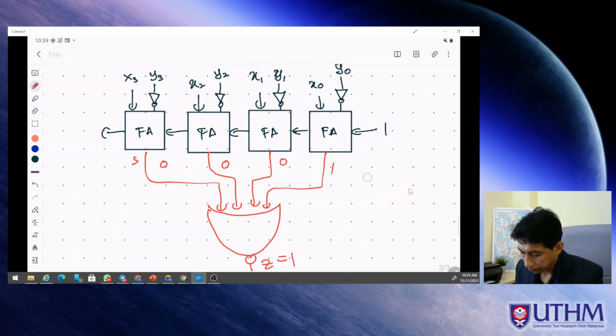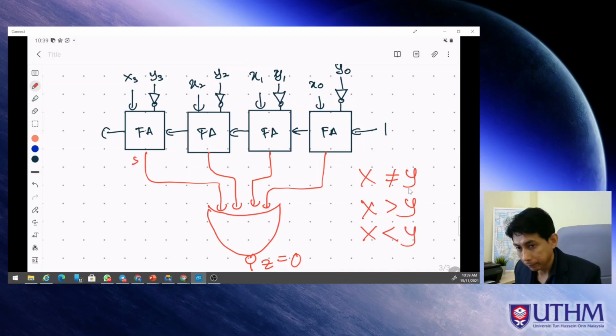Now, if for example Z equal to 0, that means X is not equal to Y. So we can have two possibilities: X more than Y or X less than Y, right? So how to check that?